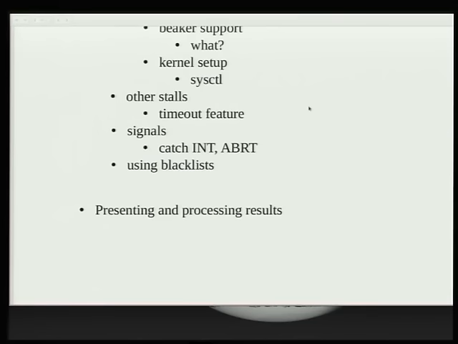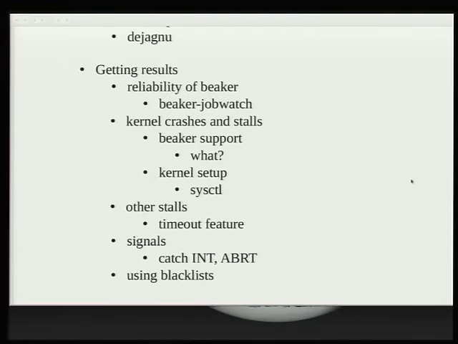If we want to get rid of some tests which we know are problematic for a particular time, we can use the blacklist, but I'm not inclined to use this in general because it needs maintenance and it's not really convenient. So this way we are able to get results in Beaker, which is cool, and we can go ahead to results.